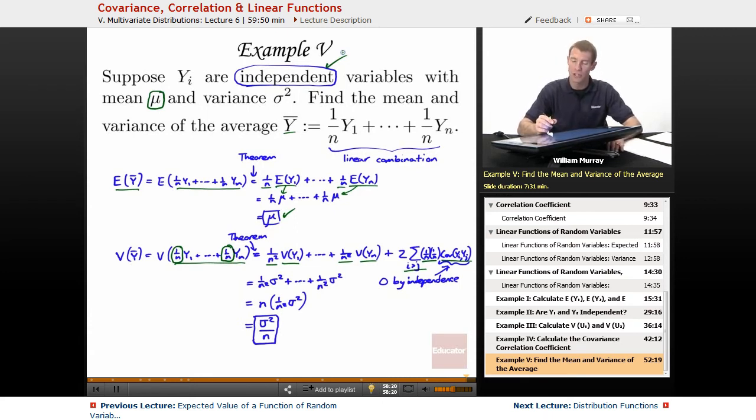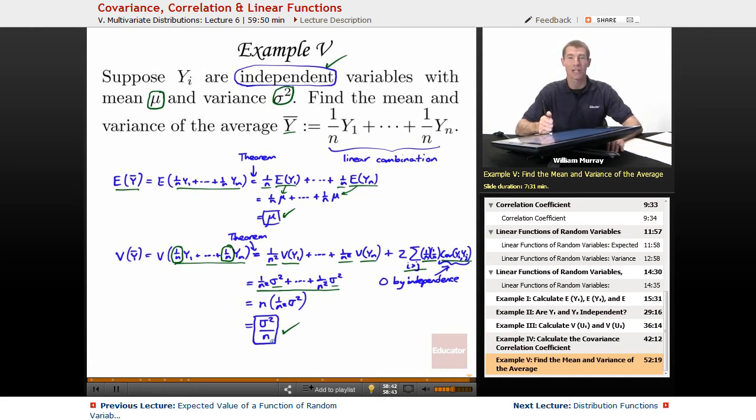So all of those cross terms drop out, and we're just left with n copies of 1 over n squared, and we're given that the variance of each individual variable is sigma squared. So n times 1 over n squared is just 1 over n, and then we still have that sigma squared. So the variance of the mean is sigma squared over n.